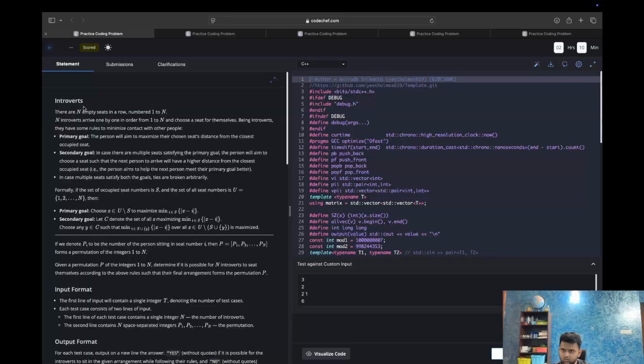A permutation, right? Given a permutation from 1 to n, determine if it's possible for n introverts to seat themselves according to the rules above, such that the final arrangement forms the permutation P. Okay, given the permutation P, we have to see if this satisfies. Oh, is the order not arbitrary? Okay, the orders are fixed.